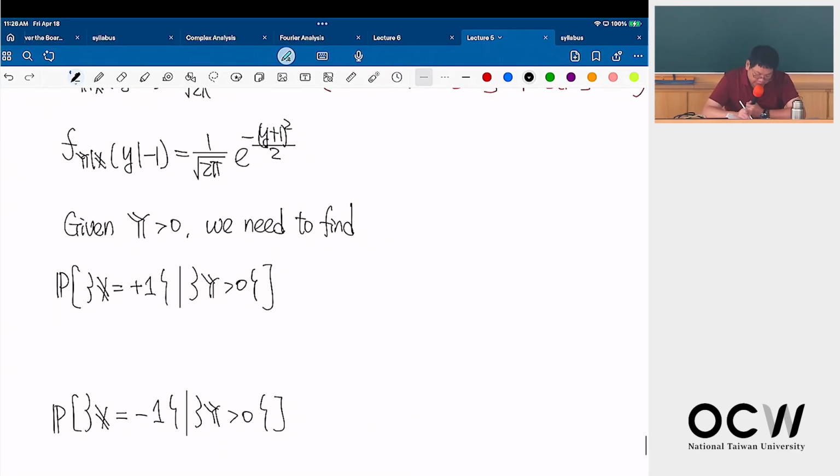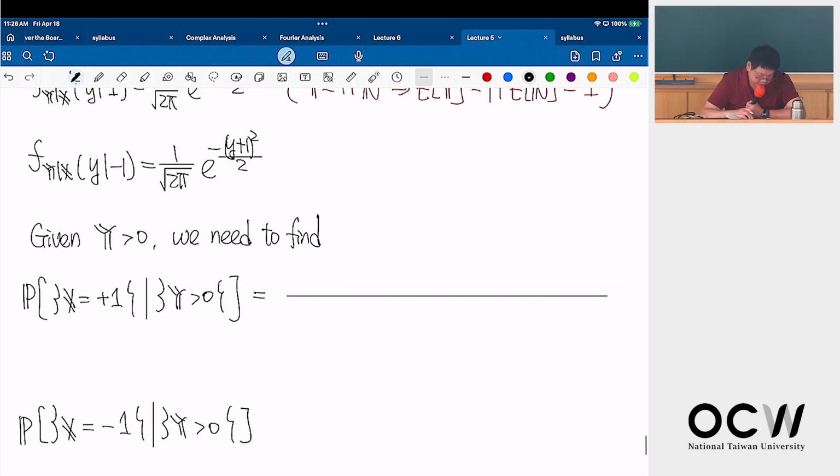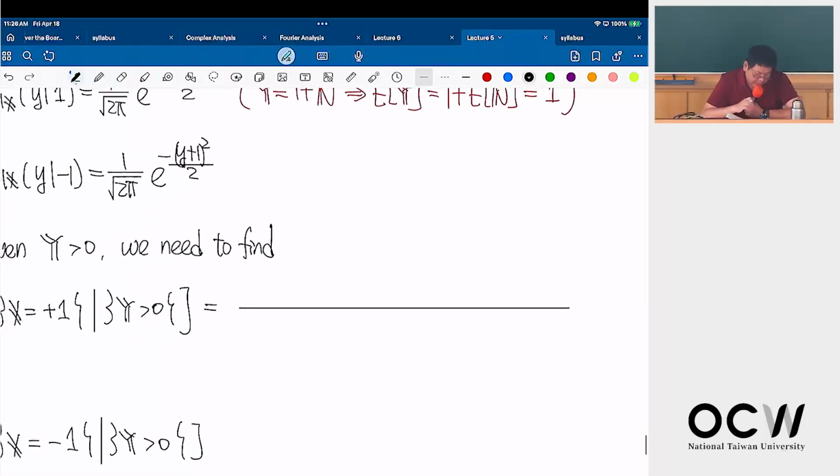So first, the probability x is 1 given y greater than 0.